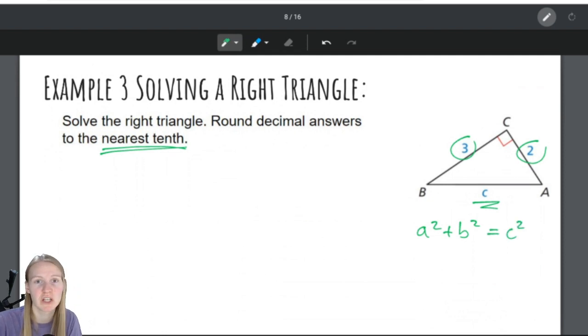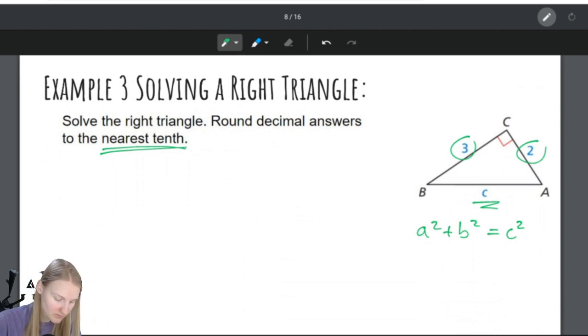We don't need to do any fancy trig. We could if we wanted to, but what's easier for you? Is the trig easier for you, or is the Pythagorean theorem easier for you? Me, personally, I think the Pythagorean theorem is easier to start off with, so that's what I'm going to do. If you like trig better, you could do trig too. Nobody will get mad at you.